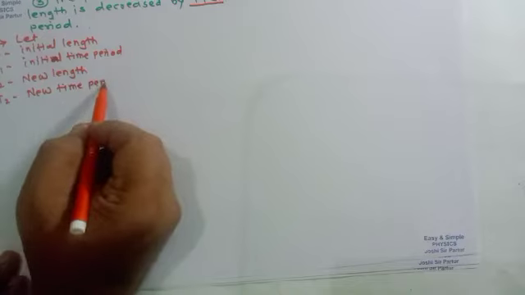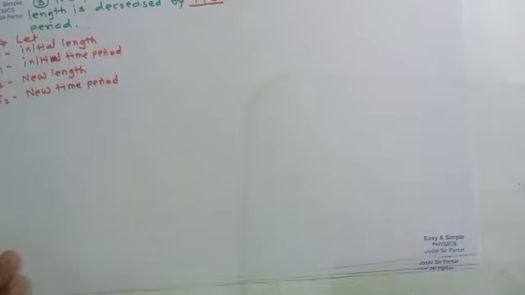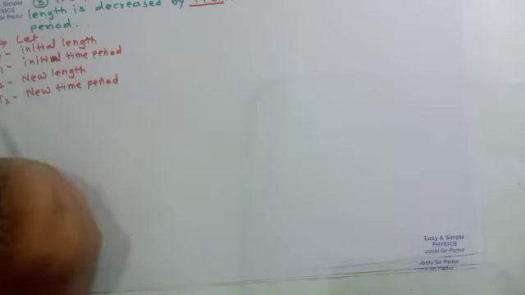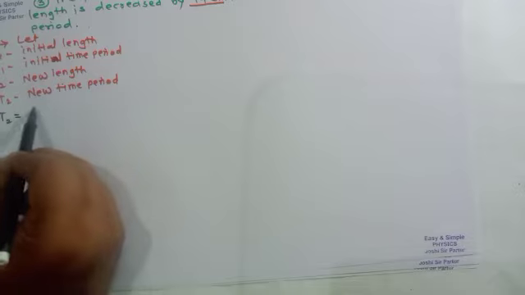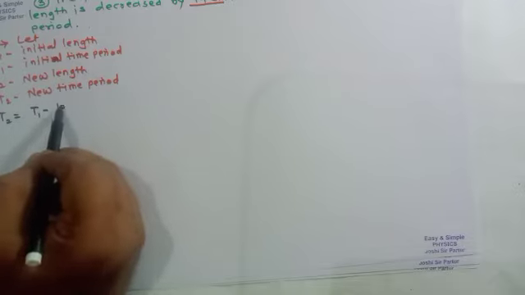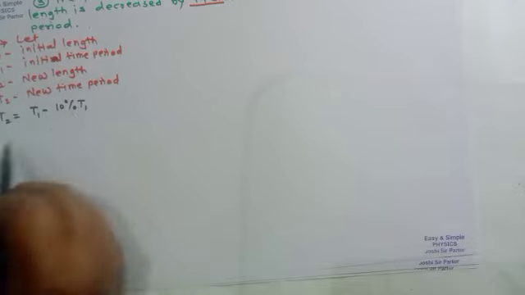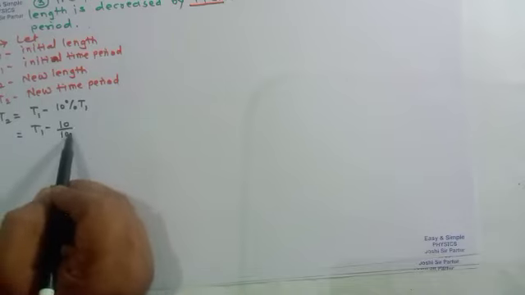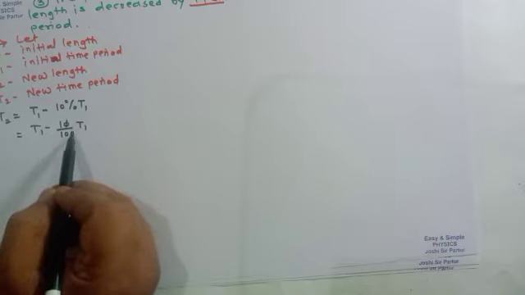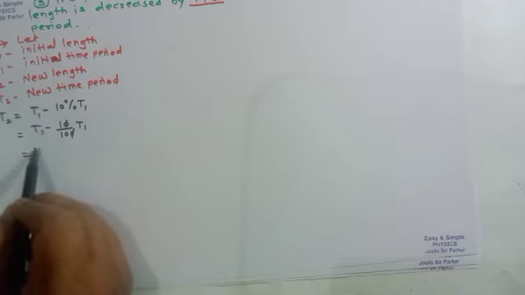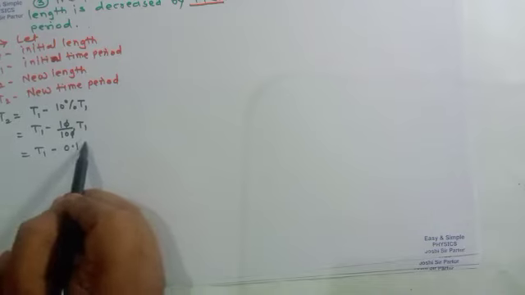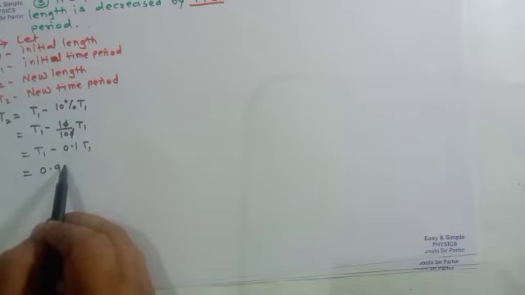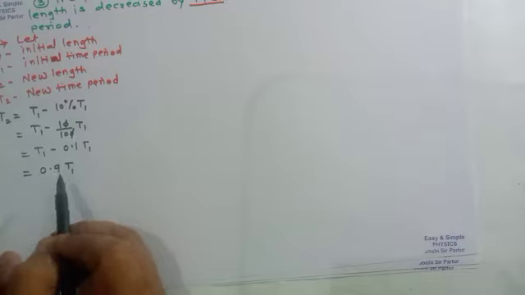By seeing the example, the new period is decreased by 10%. Means T2 is equal to T1 minus 10% of T1, that is T1 minus 10 upon 100 into T1. So T1 minus 0.1 T1, that is 0.9 T1.